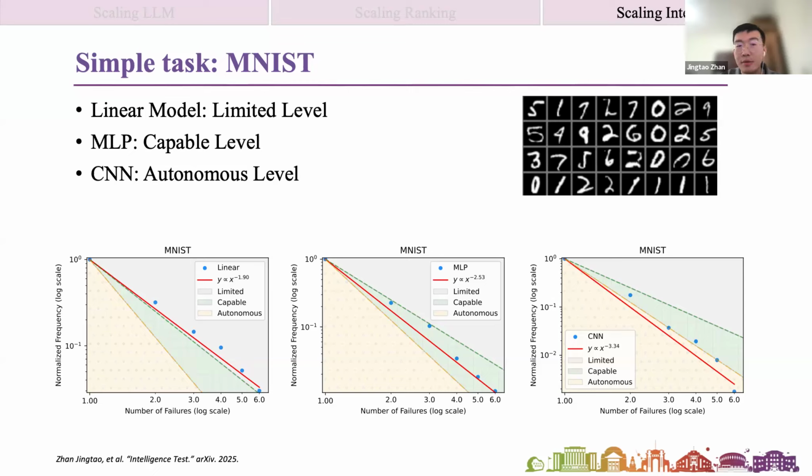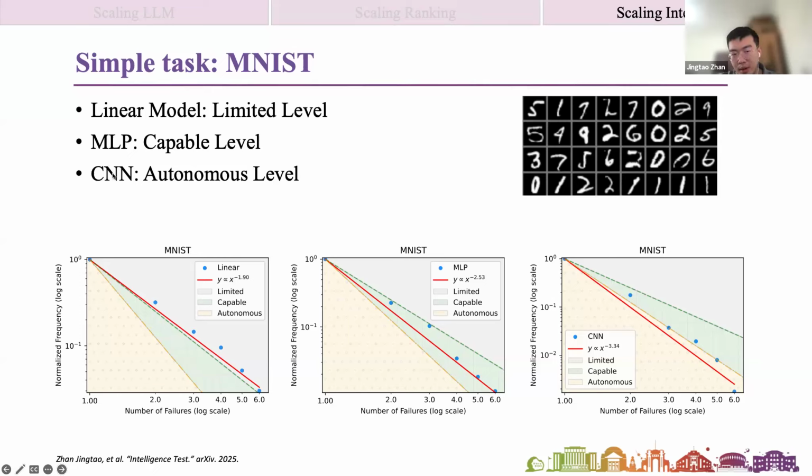We try different methods. For example, we use a linear model, which means that we input the image, transform it into a one-dimensional vector, and then use a linear model for classification. We also use an MLP model, and a CNN model.